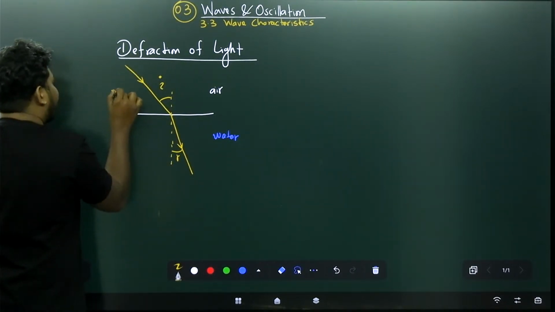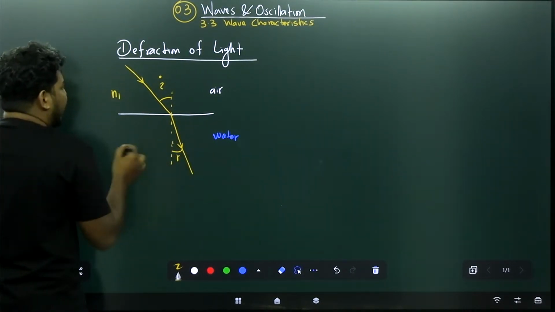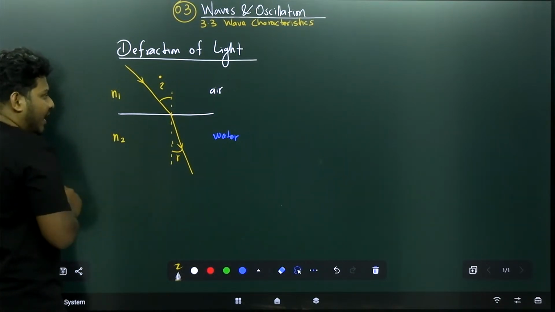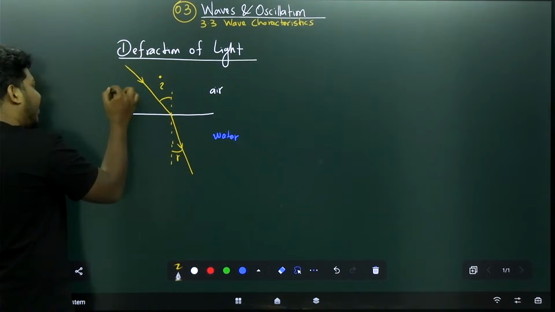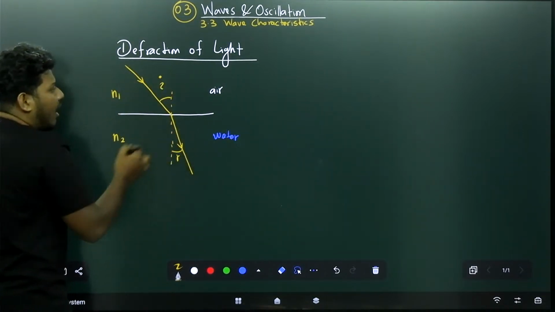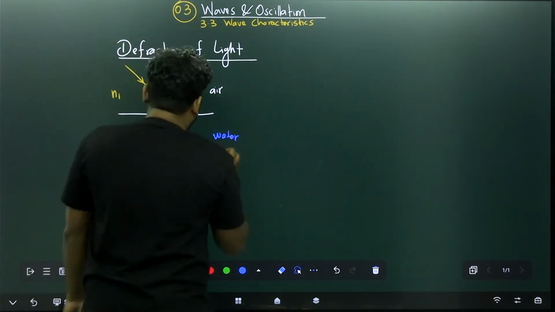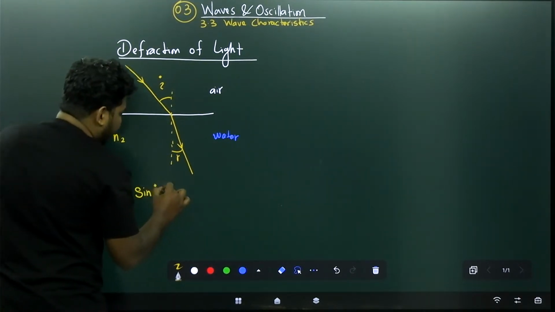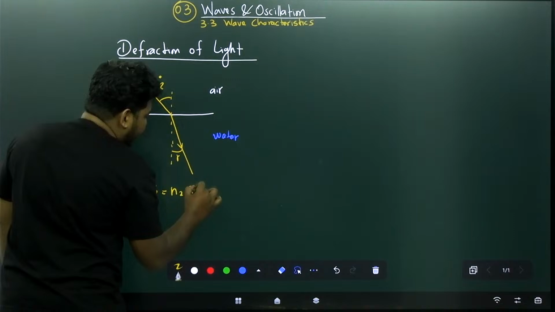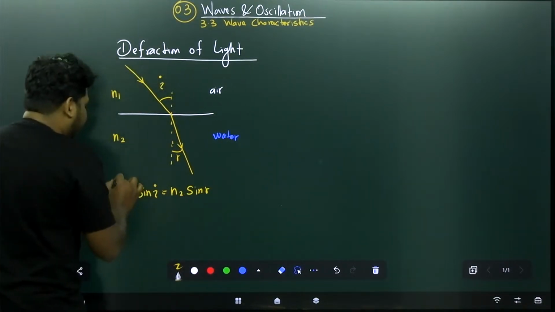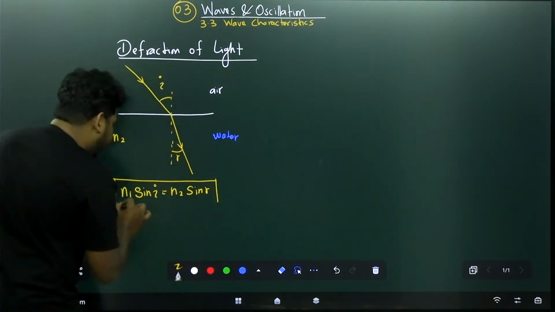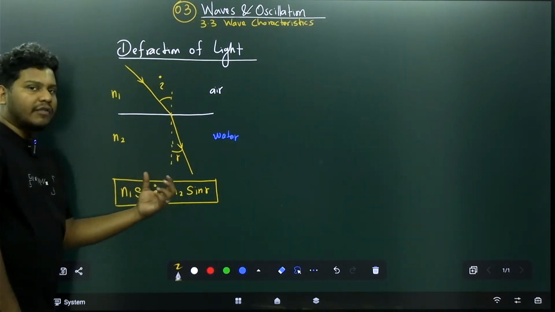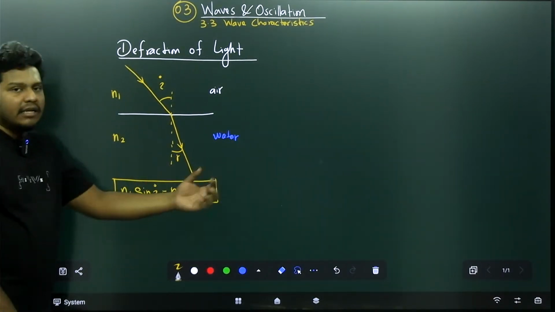This medium's refractive index is N1, and this medium's refractive index is N2. The relationship between N1, N2, I and R is N1 sin I = N2 sin R. This is the relationship between the refractive indexes of the mediums and the I and R values.